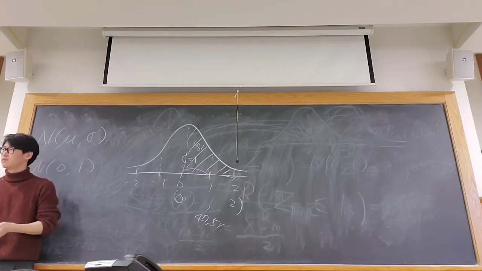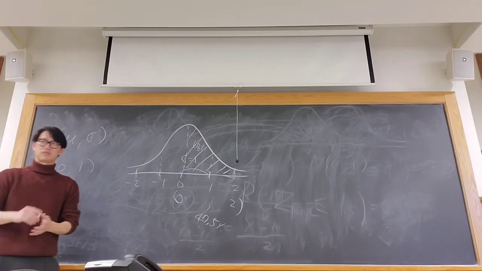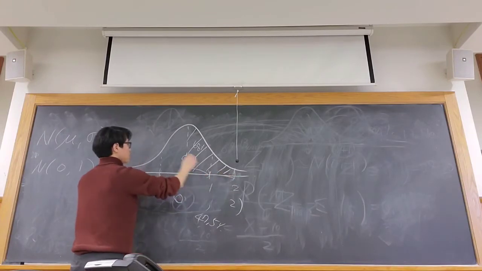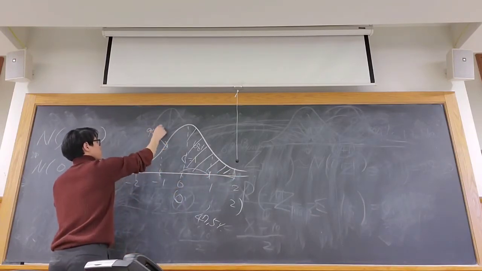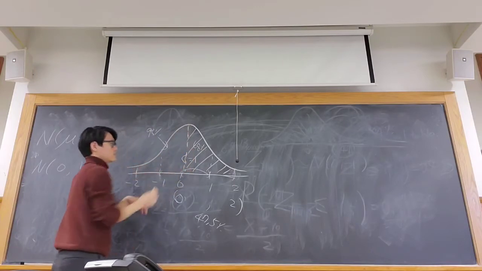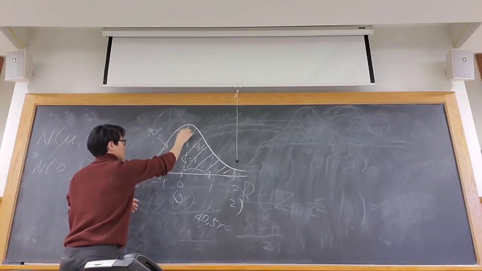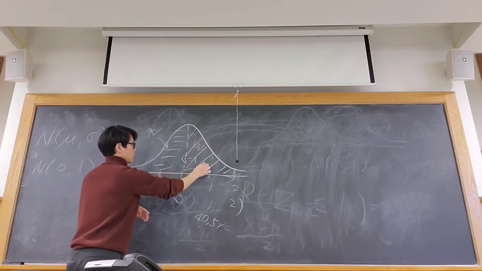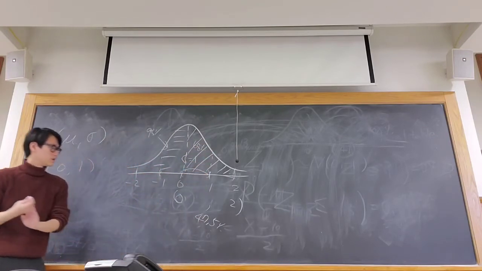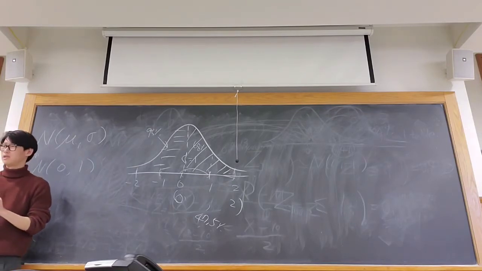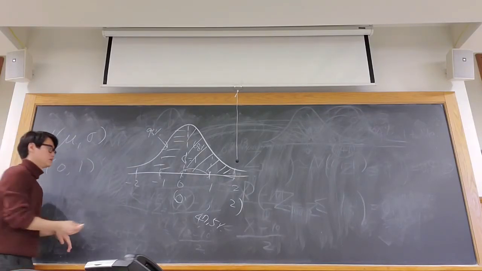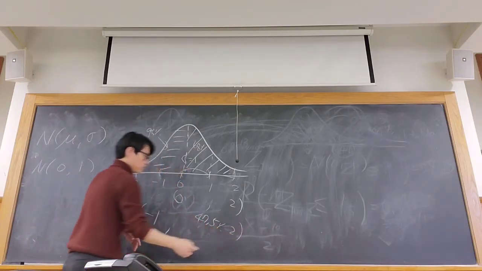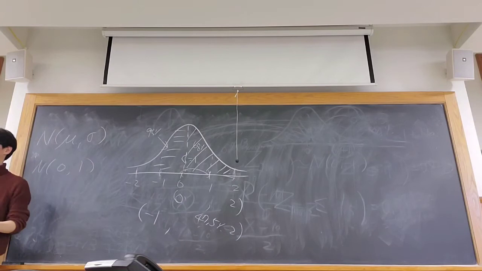Because it's symmetric. Symmetric, yep. When we think about the range from -2 to 2, we know that it will be 95%. And since the normal distribution is symmetrical, this half and this half will be the same, so this one should correspond to 47.5%. Okay? If I take the range from -1 to 2, what percentage will it be?